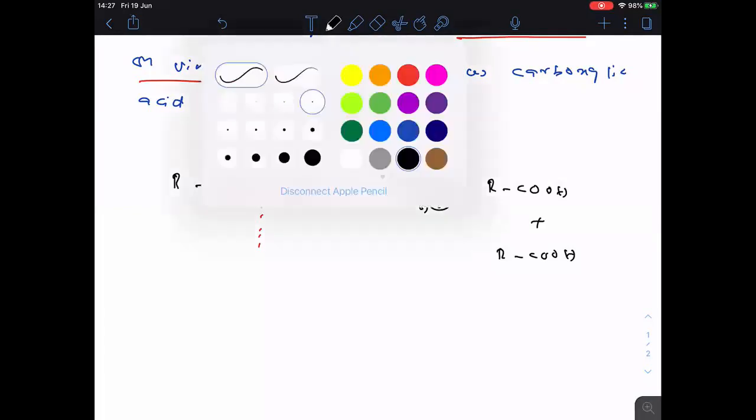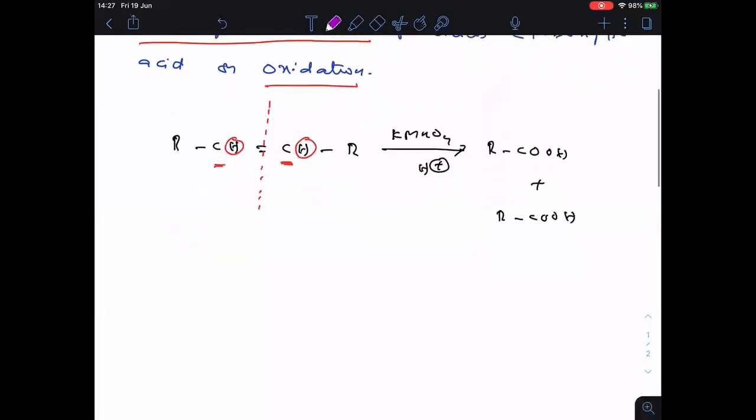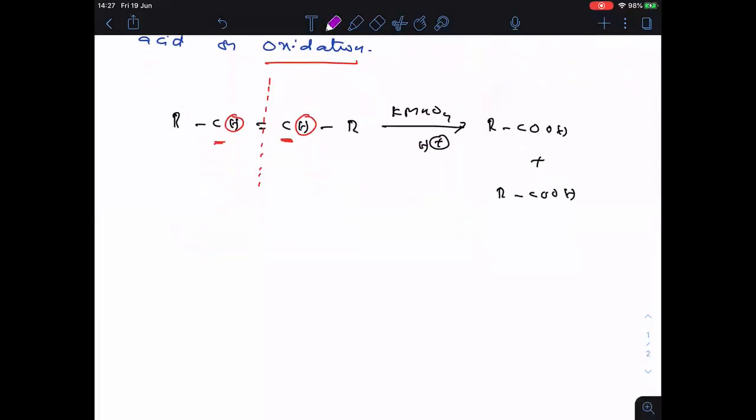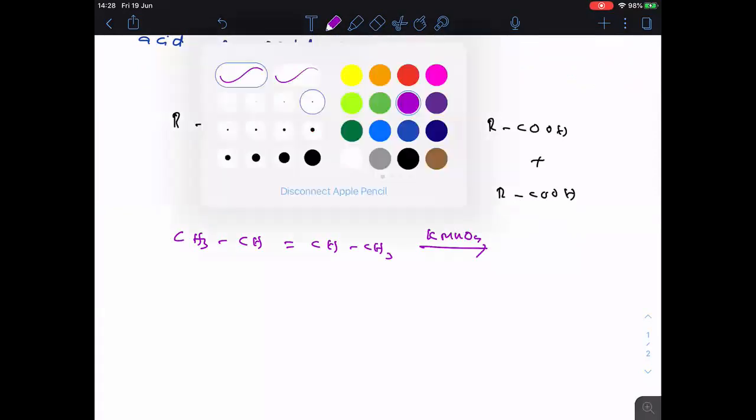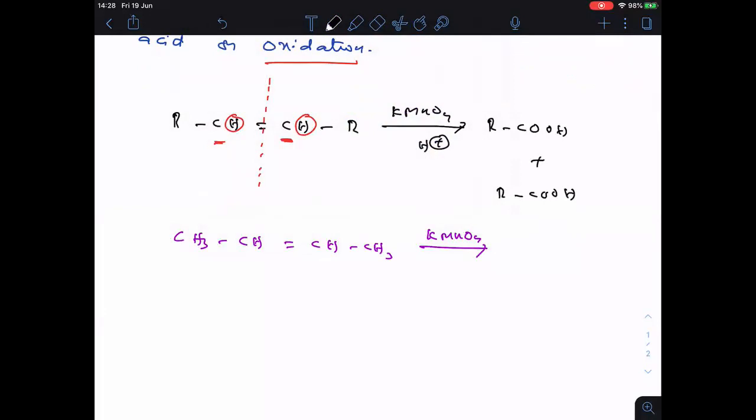Copy it quickly, everyone. Let me take one example here to make you understand well. CH3CH double bonded CHCH3 when undergoing oxidation with KMnO4. Clear, everyone now?